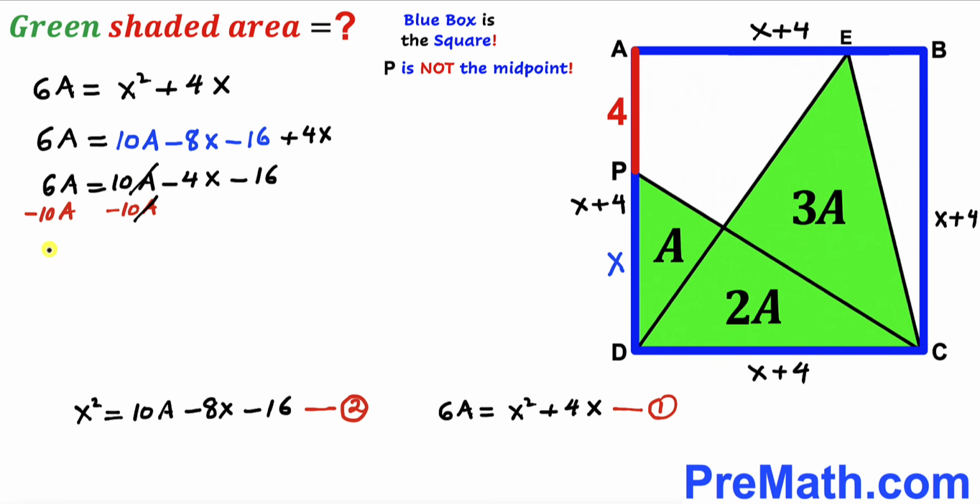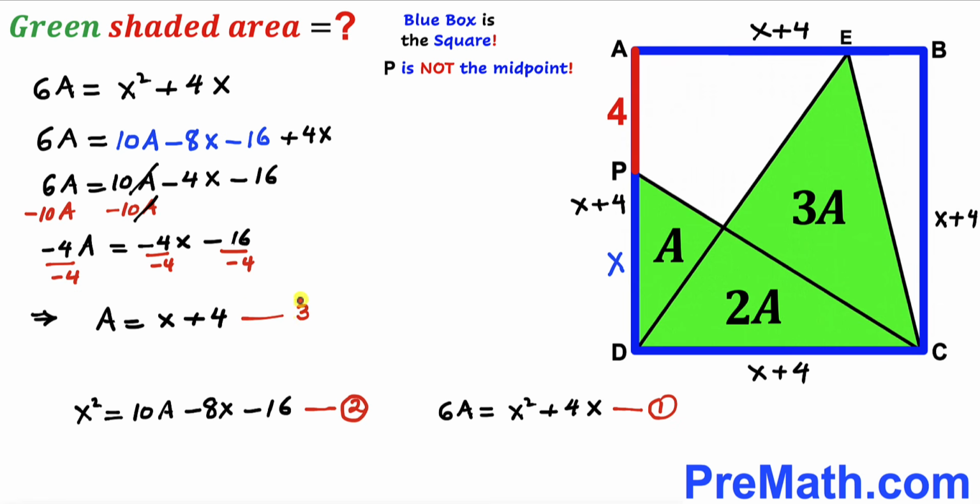So therefore we ended up with negative 4 times A equals negative 4x minus 16. And now I am going to divide each and every term by negative 4. So therefore we ended up with uppercase A is going to be x plus 4. And I'm going to label this one as our equation number 3.